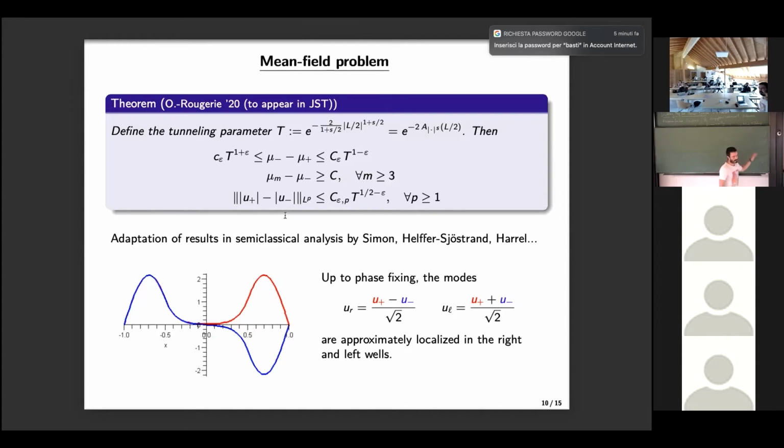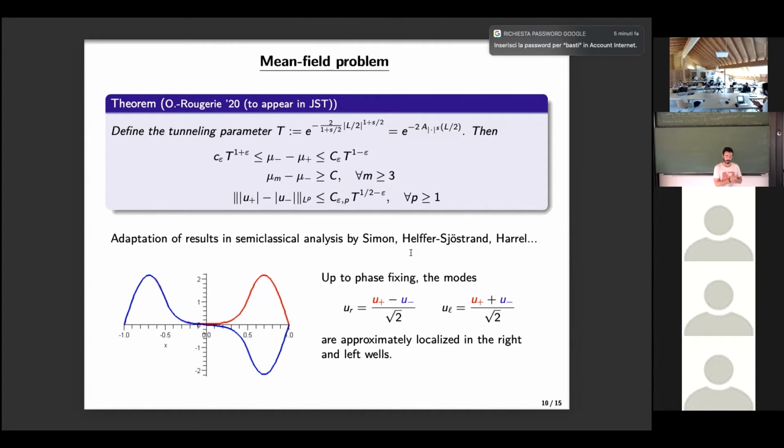So these results are actually very much inspired by results that were already present in semi-classical analysis, maybe from the 80s, 90s, especially by the school of Barry Simon and Bernard Helffer.